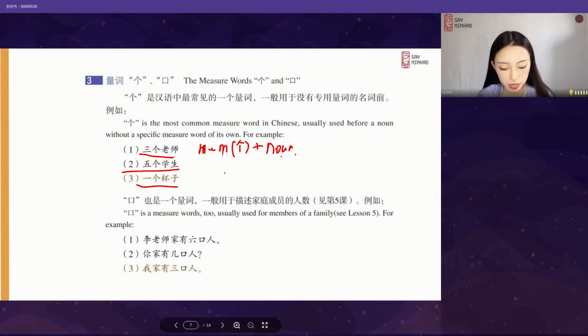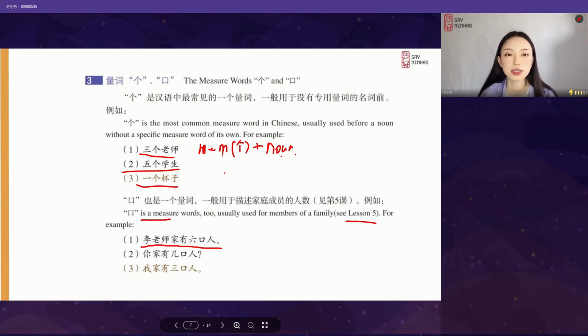Okay, next one is the measure word 口. It is usually used to count the members of a family. If you've forgotten it, please go to lesson 5 to check it. 六口人, for example, 李老师家有六口人. 李老师 is teacher Li, 家 means home, our family, and 六口人 means 6 people.